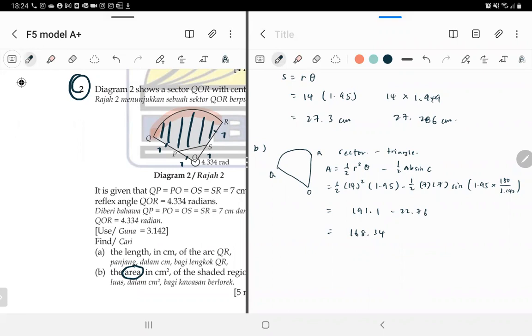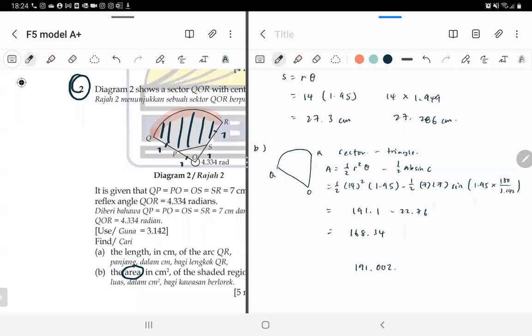No, my 22.77 is the same value. My 191.002. How come you got 002? I don't know. It's just 14 squared times just one digit 1.949, right? I used 1.949. Too big a difference already. Cannot.